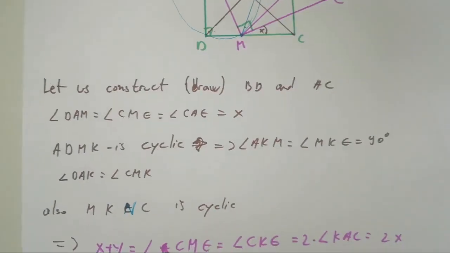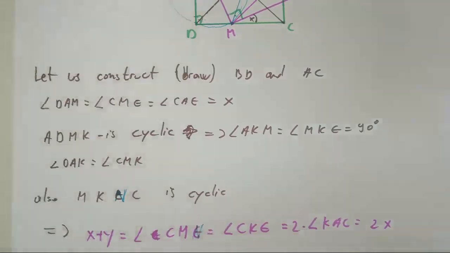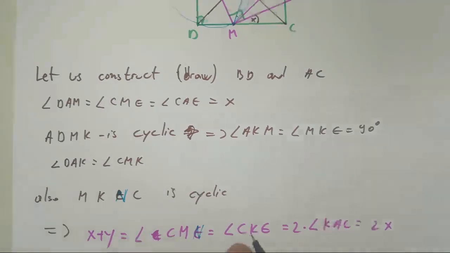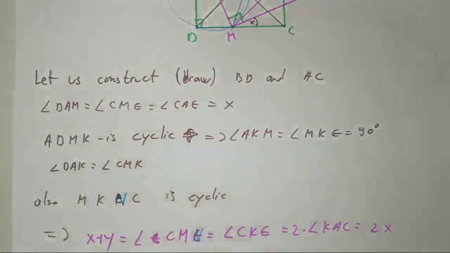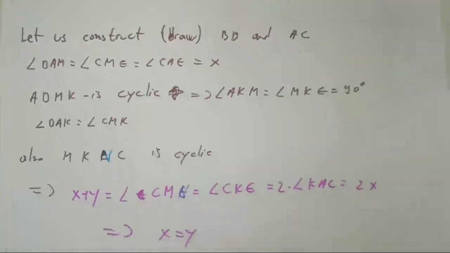Yes, MKNC is cyclic, so CMN is equal to CKE, which is 2KAC, which is 2x. This is not difficult to show.